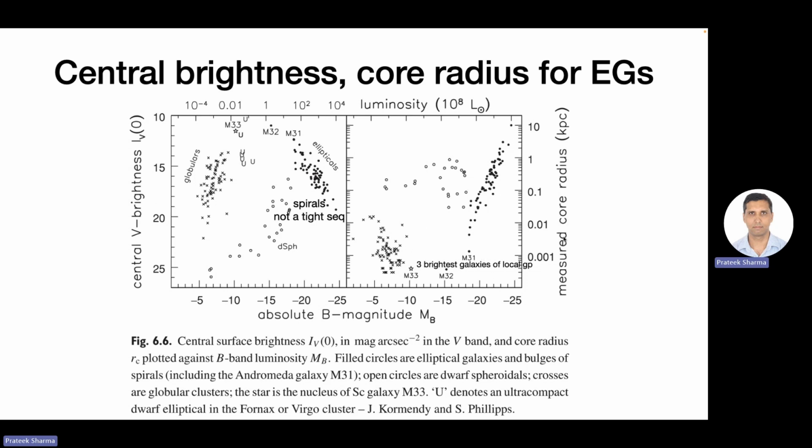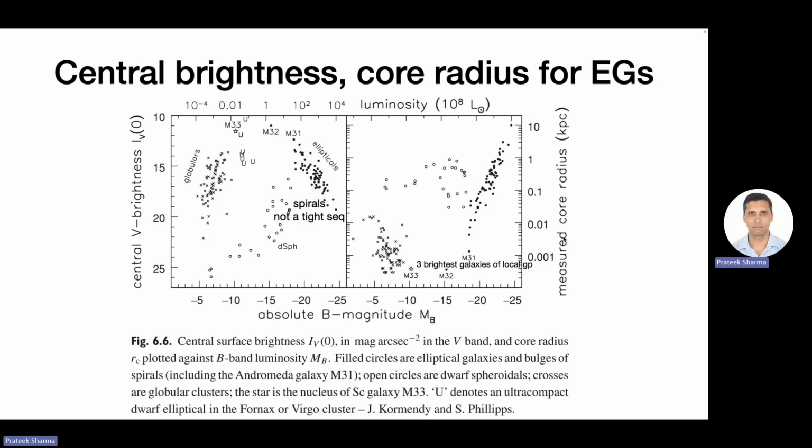The core radius size. So let me define what the core radius is. You have the surface brightness. Core radius is the radius at which the surface brightness value is half of its central value. So it's some estimate of the size of the galaxy.